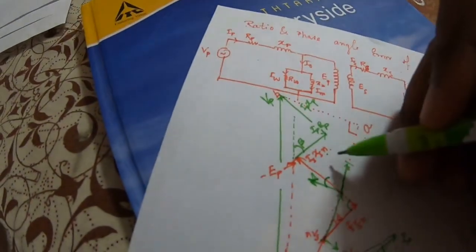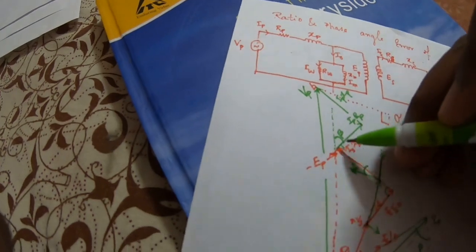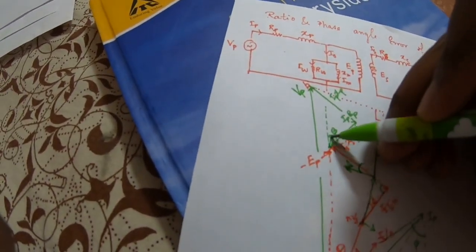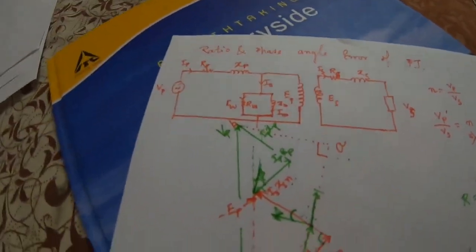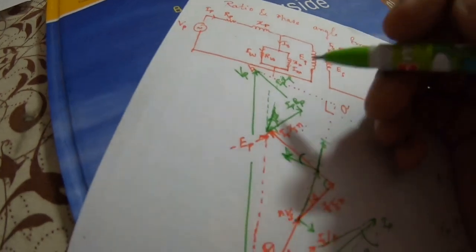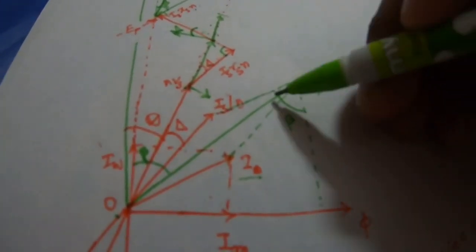So now next further what we have, so then go to this point. If you just draw a parallel line to this this way, you are having to go from this point to over there also. So what will we have over there? You'll be having here, this is beta. As we discussed earlier, this is Ip, this angle is beta.